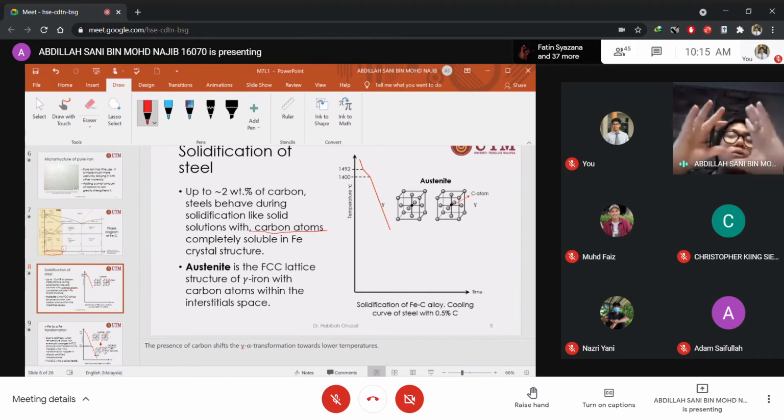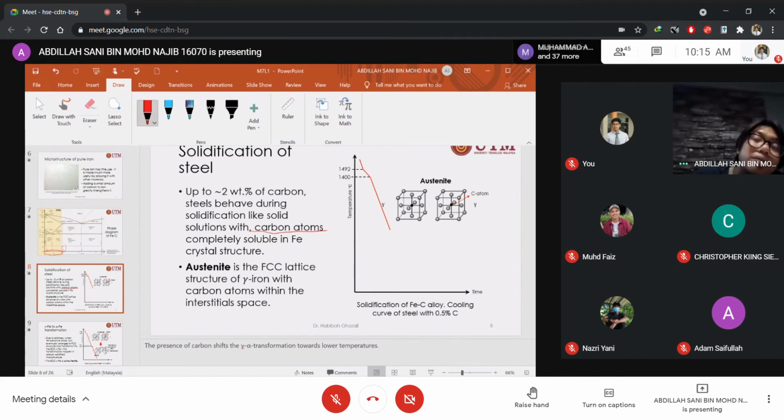So the iron is the host, and we have this alloying element of carbon. It gets in between, interstitially, and spreads throughout the iron crystal structure.